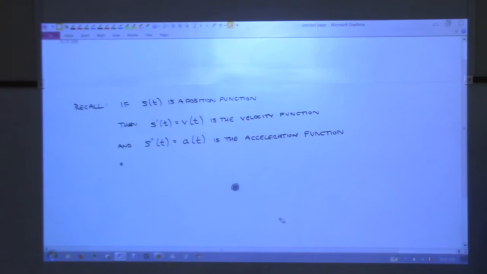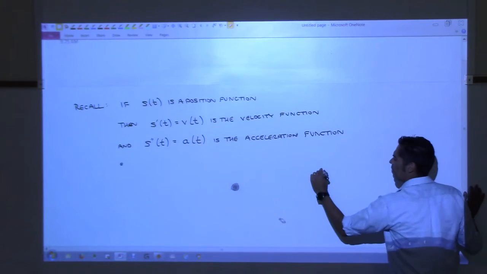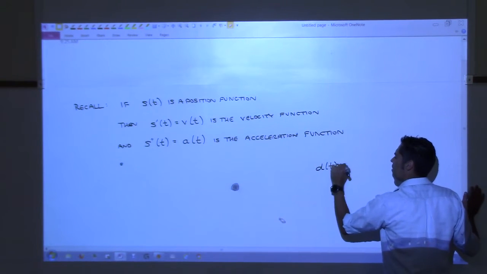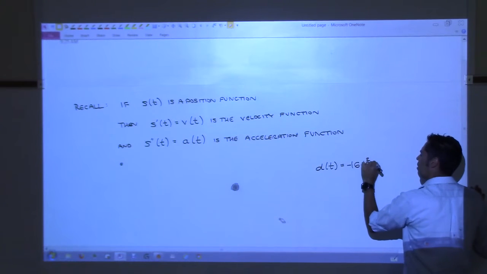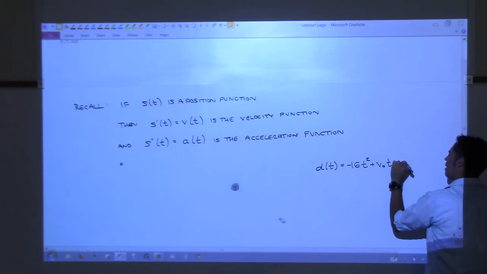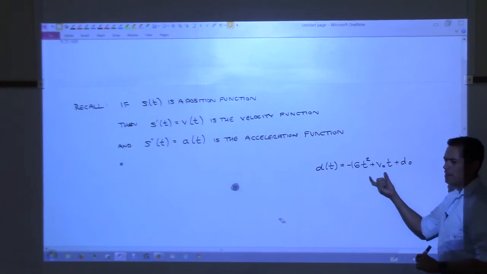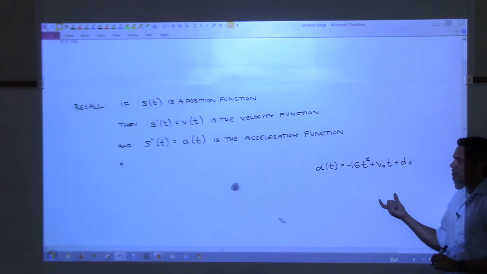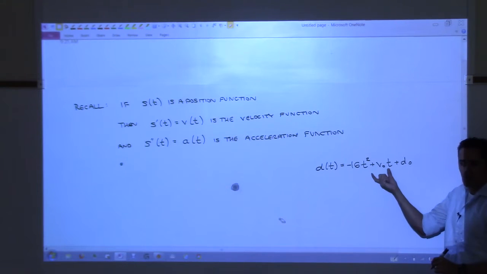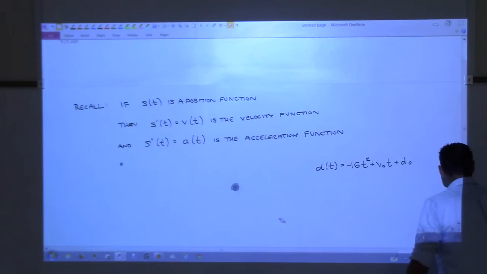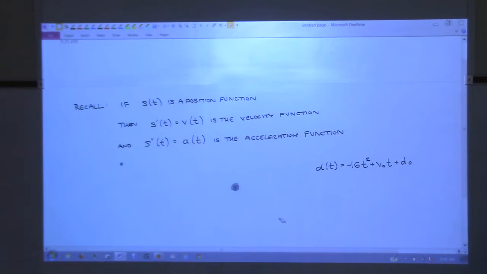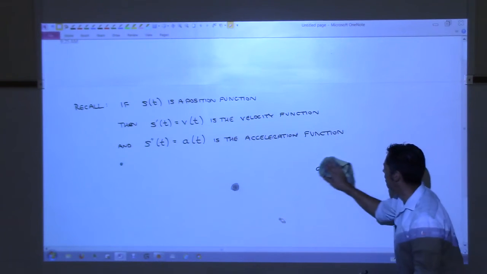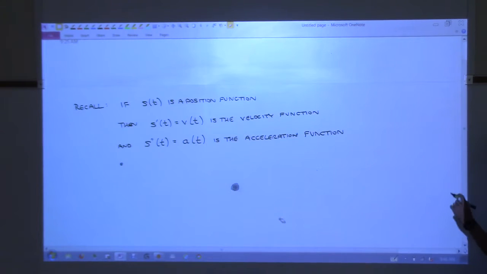I did talk about this, I think, because I showed you the formula d of t equals -16t squared plus v naught t plus d naught, and showed you how you can get gravity from this. No? Falling objects on Earth? Okay, well, we didn't go in depth, but I know that I have said something about this. So let me just recap, because it sounds like there might be some confusion here.